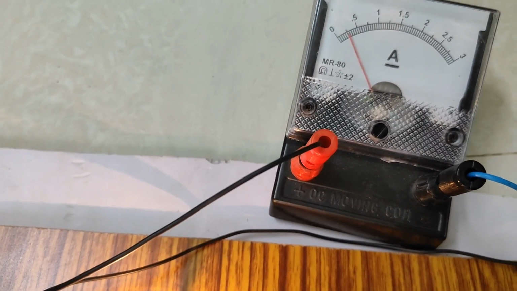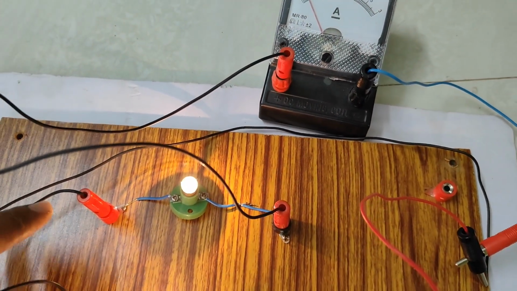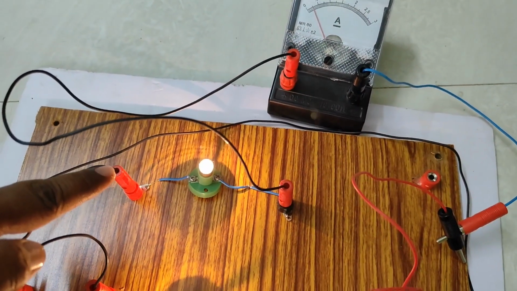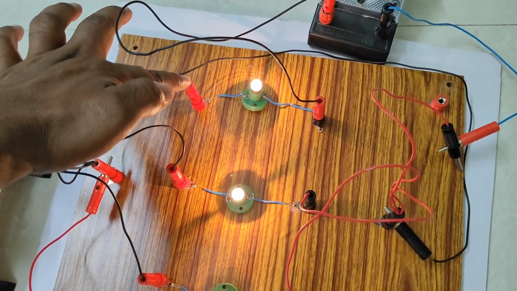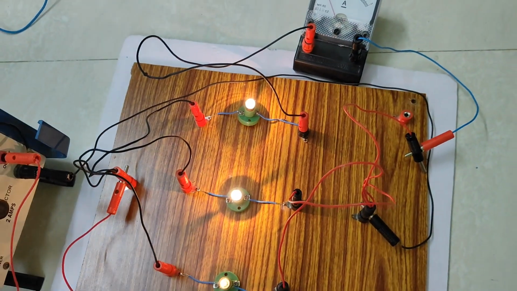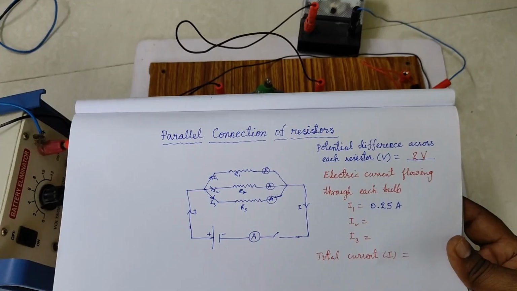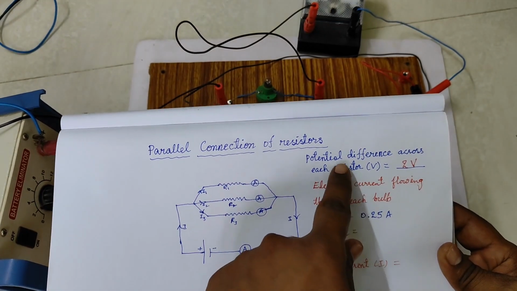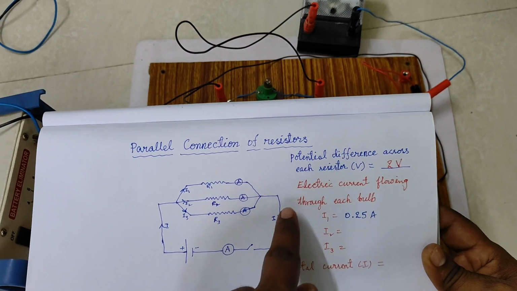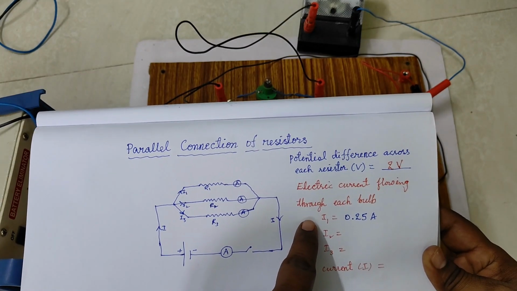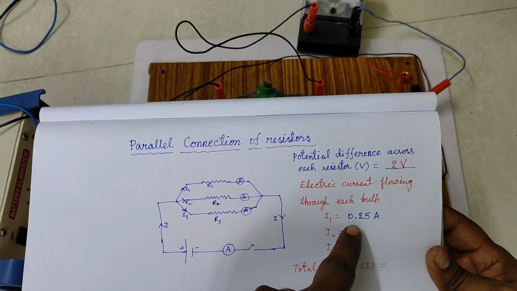That means 0.25 amperes current is flowing through this path, through this bulb, through this resistor. 0.25 amperes current is flowing through this bulb. Let us make a note. See here, the potential difference across each resistor is 2 volts and through the first bulb the current I1 is 0.25 amperes.